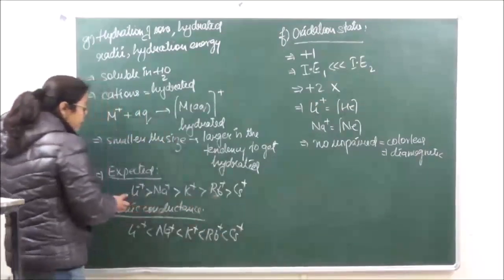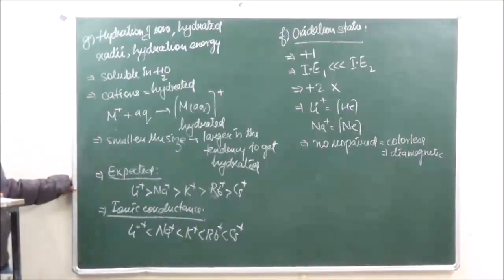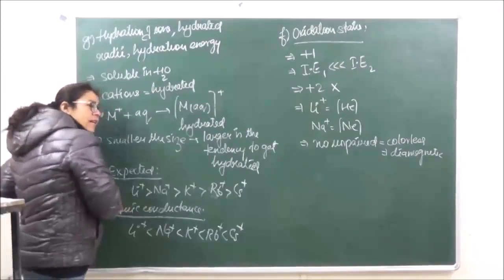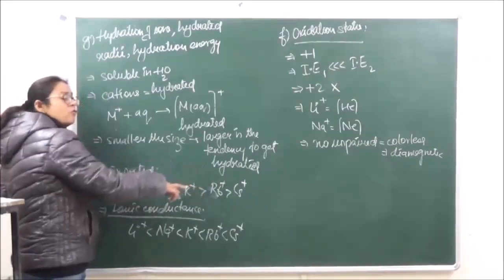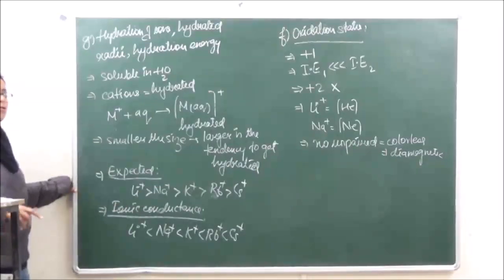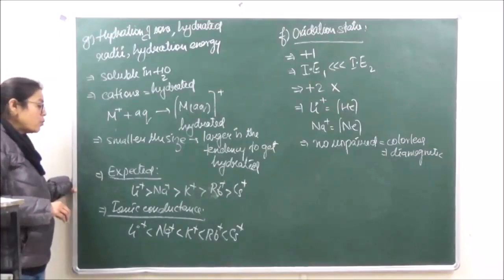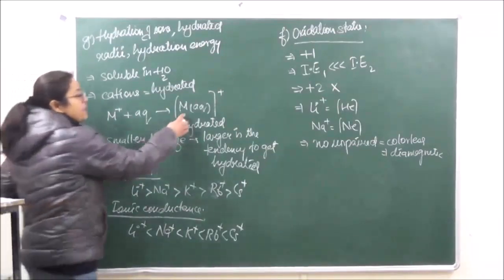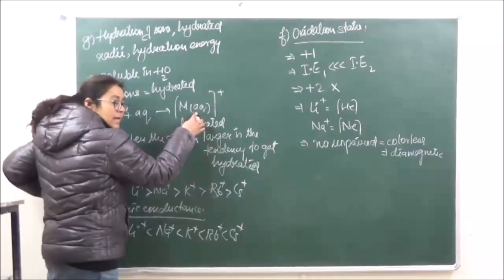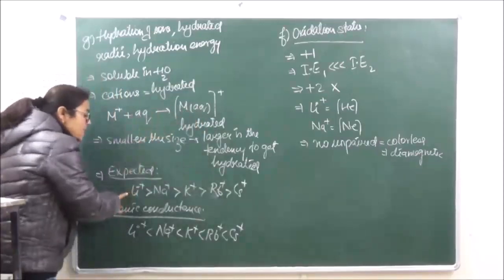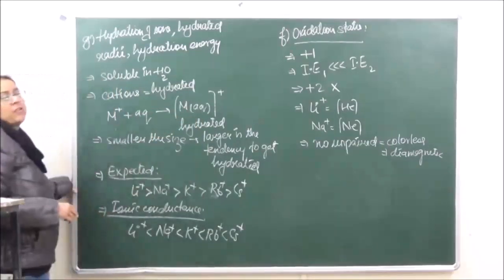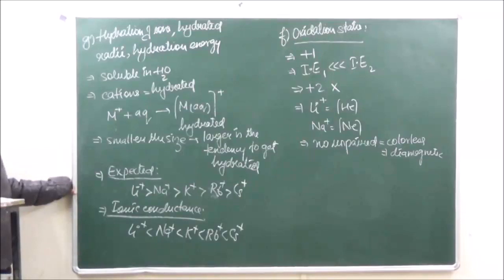Now please do not get confused between the sizes of the cation and the hydrated cation. If you are looking at the size of the cation, it follows the opposite trend: lithium has the smallest size and cesium has the largest size. But in case of the hydrated ion, lithium has the largest size. Because what are we saying?